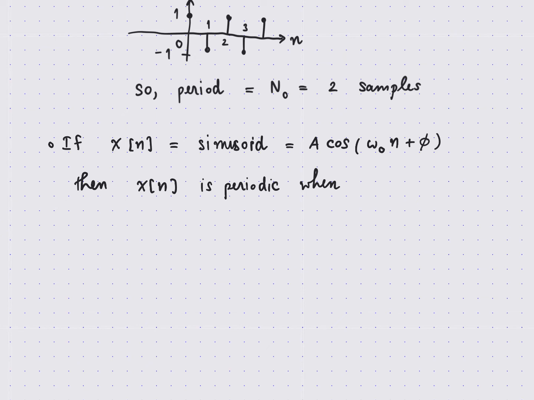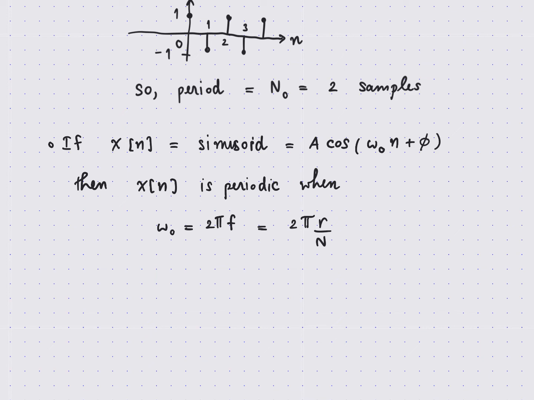omega naught is equal to 2 pi multiplied by f, and here you can write it as 2 pi r divided by n, some ratio.